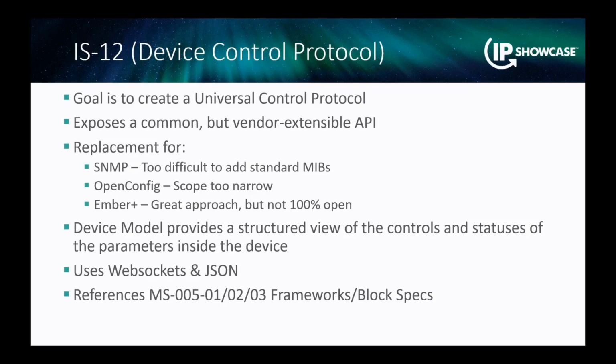I need to talk to a camera or a graphics unit or a switcher. Everybody has their own control protocol. Well, why not have a universal protocol? There's a lot more work to do to make this happen, but that's really the goal here: a common protocol so that any device will speak this same language, this NMOS device protocol language.